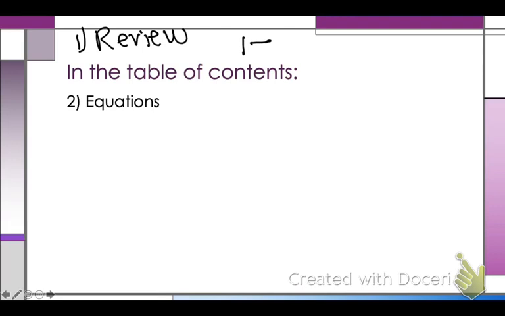Actually, the page before you wrote the vocabulary from Monday, Tuesday. I want you to find that page, and write it. So if it was page 7, you're going to write 7 there. Then equations, you're going to write wherever you started your vocabulary. So if you started your vocabulary on page 8, you're going to write 8 through, and then you're going to stop because we don't know how far you're going to be taking notes for equations.